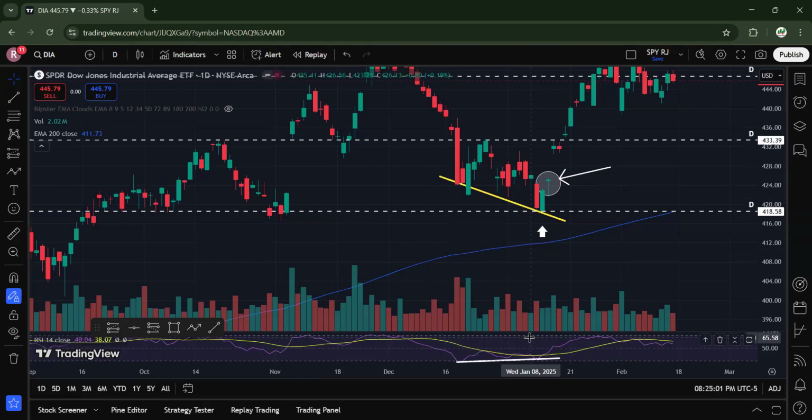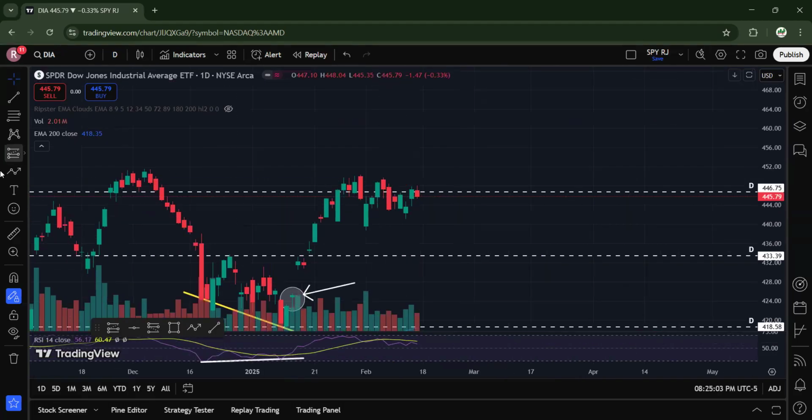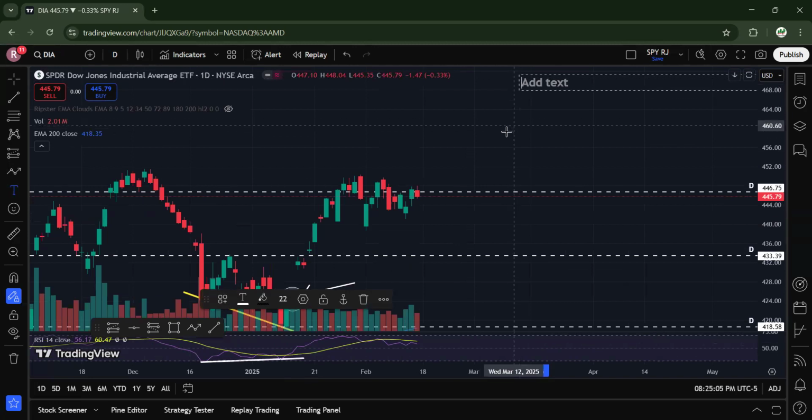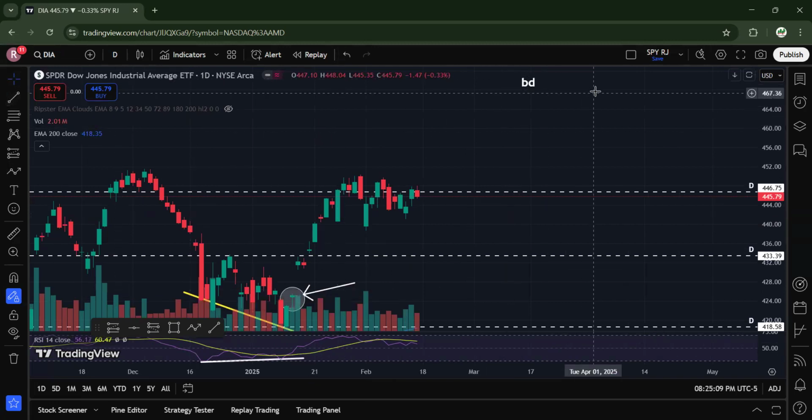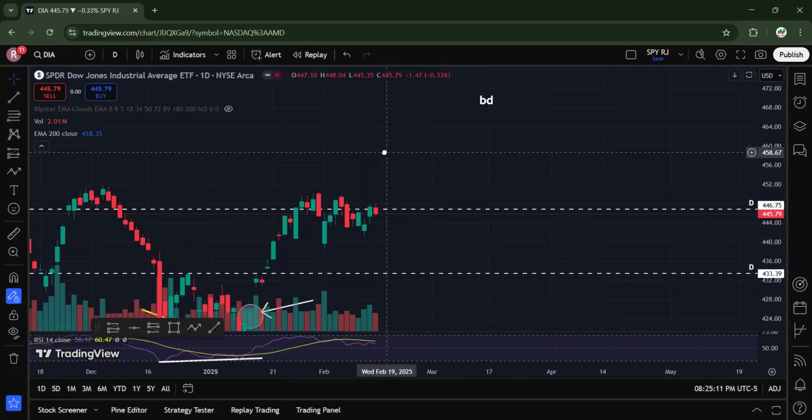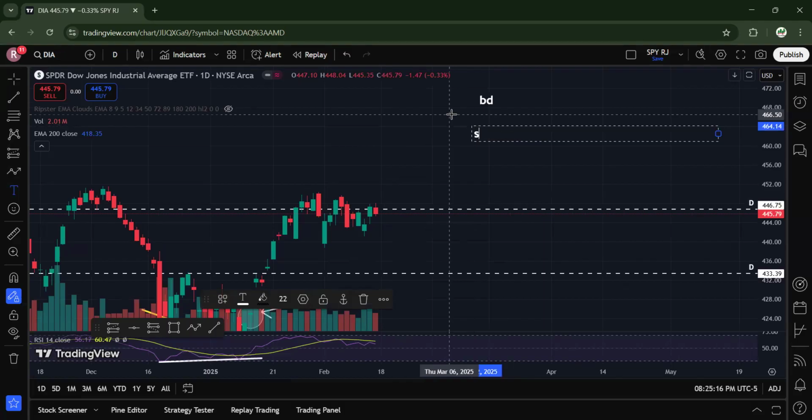All right. So the bullish divergence, I'm just naming it BD. Okay. Bullish divergence. All right. You also have bearish divergence, but we're talking about the bullish one first. Two things that you are looking at here: you're looking at the stock trend and you're looking at the RSI.